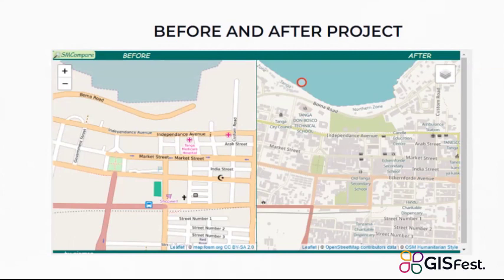They were using satellite imagery to digitize all the buildings. On the left-hand side there are no buildings or fewer buildings, but on the right-hand side you have quite a number of buildings, and you can see the amenities and how the roads are being tagged. There is quite an improvement before and after the project.